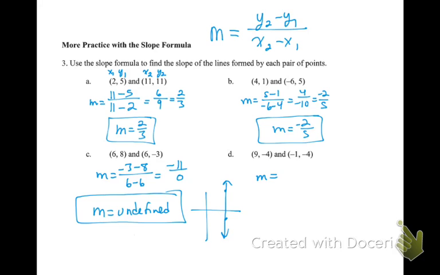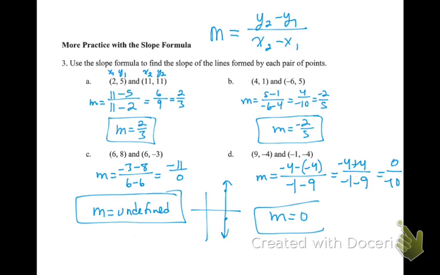So for letter D, negative 4 minus negative 4 over negative 1 minus 9. Some of you might have written it as negative 4 plus 4. That's perfectly fine. Either way, we get 0 over negative 10. Now 0 can be divided by any number, so the slope of this one is going to be 0.